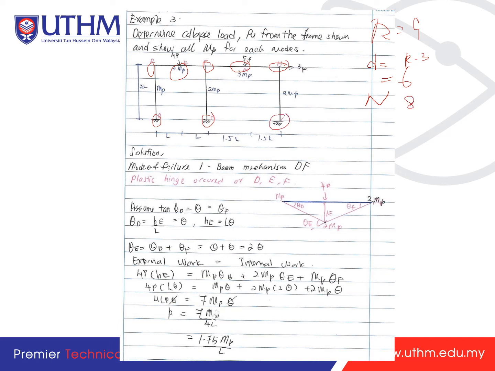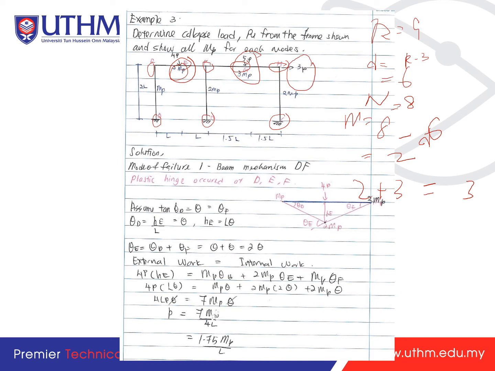So we have 8. Okay, so M is equal to 8 minus D, so it's equal to 8 minus 6, so it's equal to 2. Okay, so which means that we have 2 plus 1, which is equal to 3 mechanisms. One, we have the beam, that caused by this 4P and this 5P, and then another one is caused by the sway, and then another one is caused by the combined.